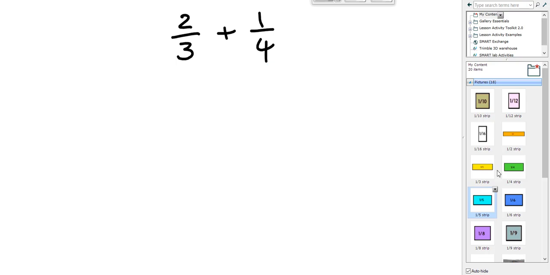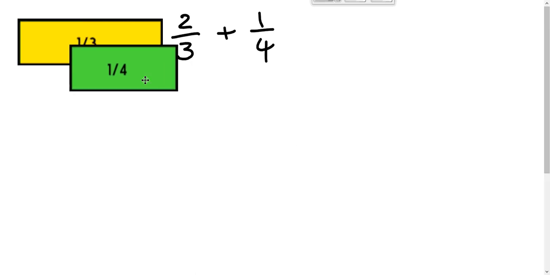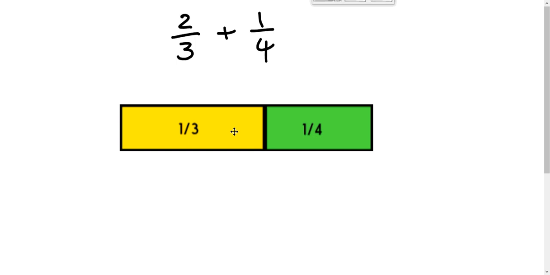But what happens if the denominators are different? What happens if you've got your 1/4 and you've got 2/3?